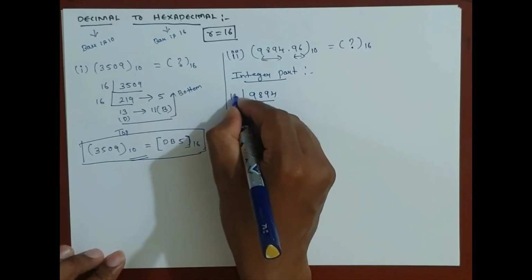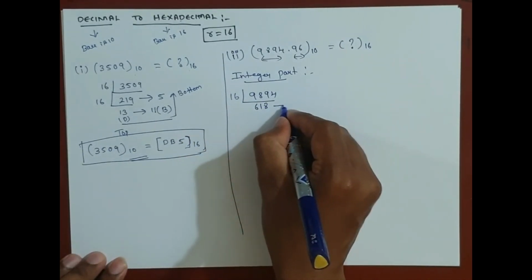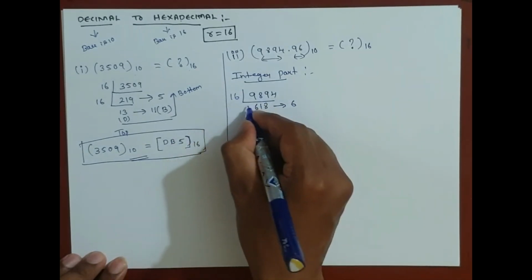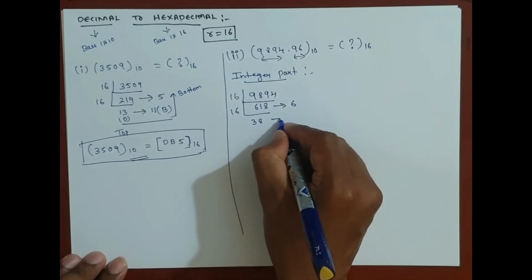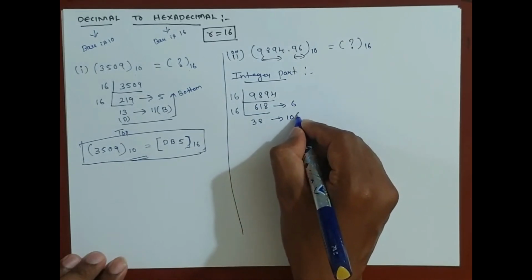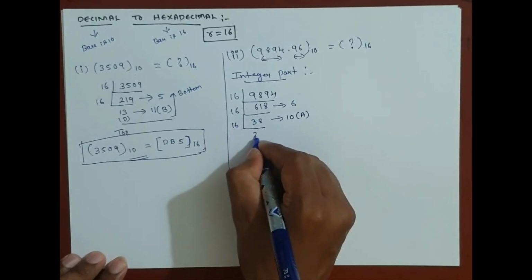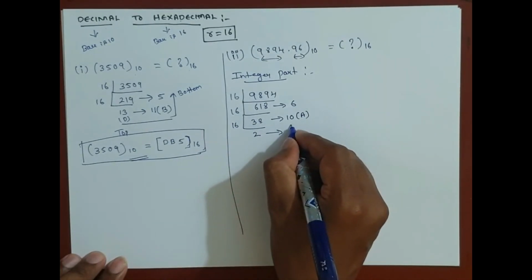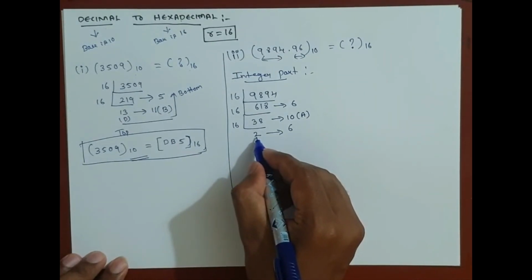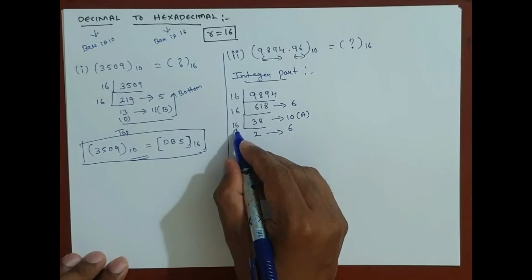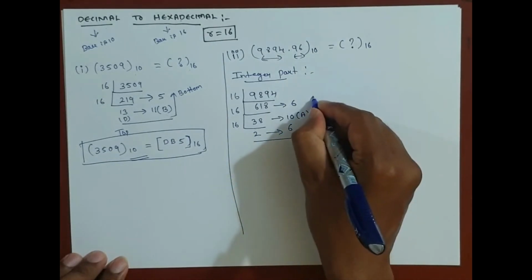If I divide by 16, the result will be 618 and the remainder is 6. Further if I divide by 16, 38 and the remainder is 10, but we have to write as A. Again if I divide by 16, here it is 2 and the remainder is 6. So as I said, here the number 2 is less than the number 16. We have to stop the division and we have to read from bottom to top.